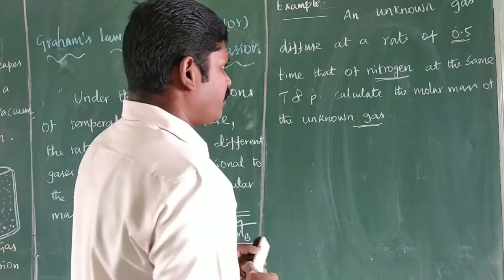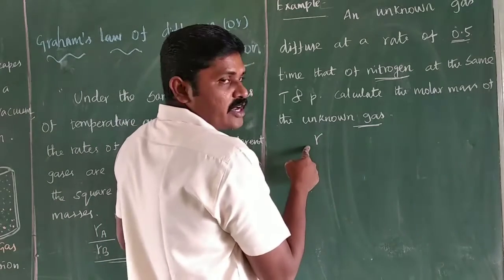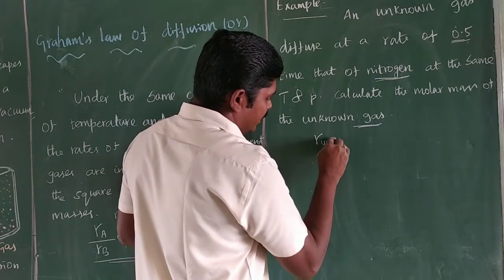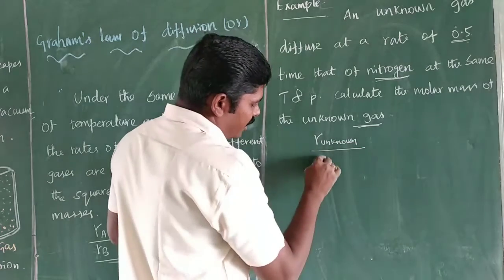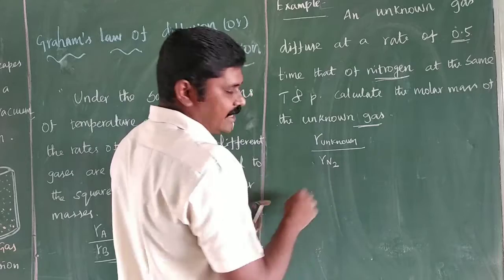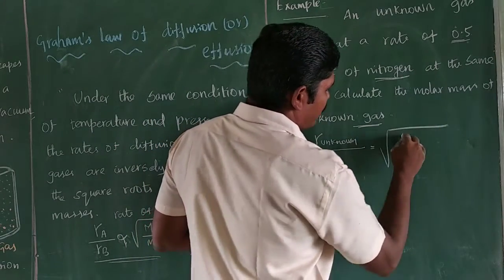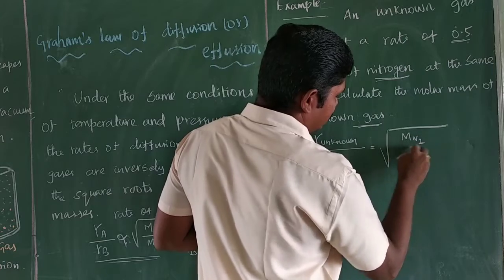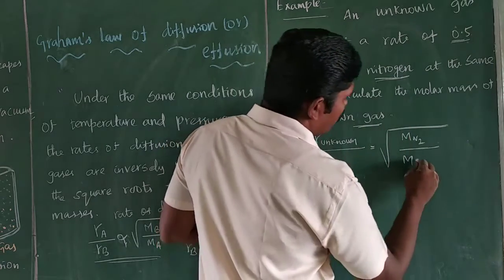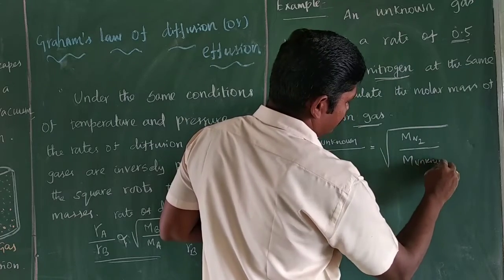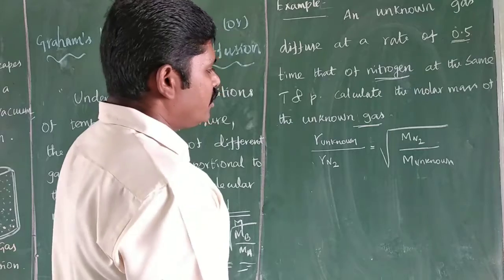The rate of diffusion of the unknown gas divided by the rate of diffusion of nitrogen gas is equal to the square root of the molar mass of nitrogen gas divided by the molar mass of the unknown gas.